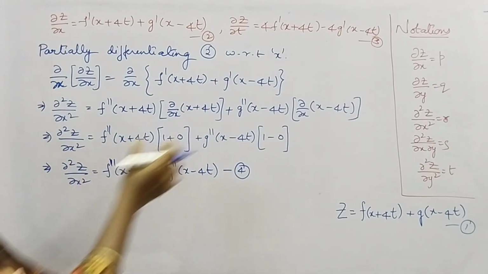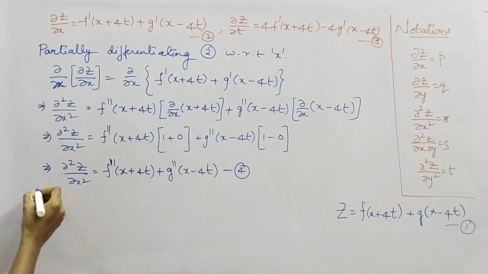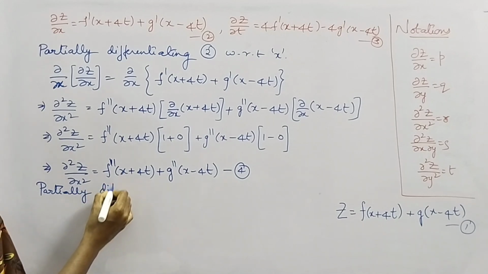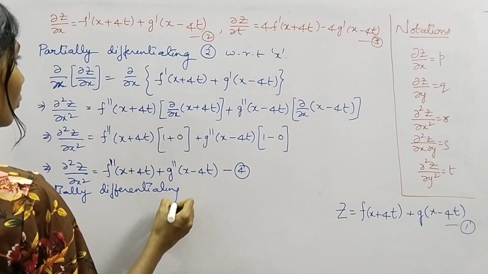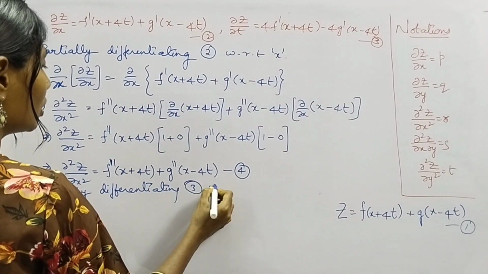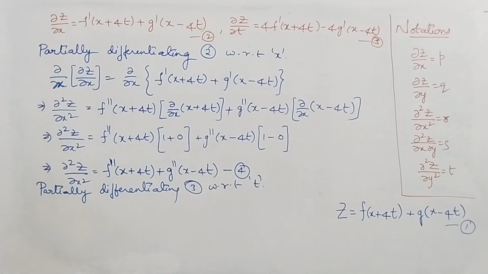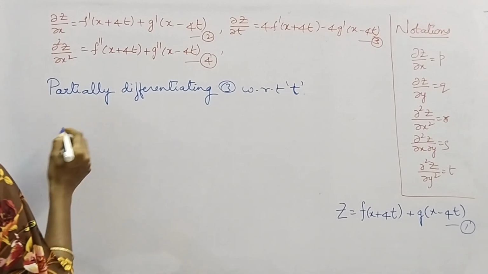Now let's partially differentiate equation 3 with respect to t. Just apply dou by dou t on both sides of equation number 3.